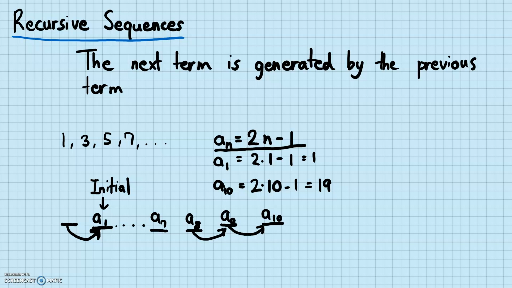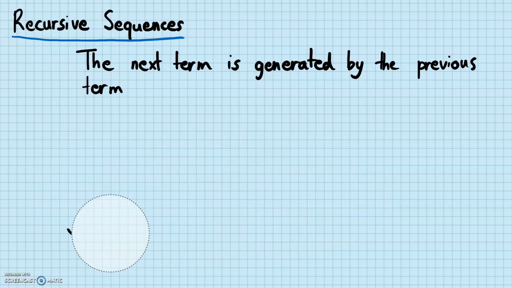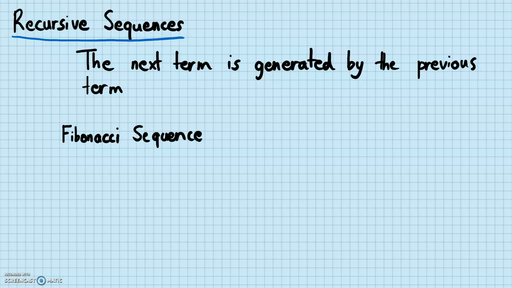So let me give you an example of a recursive function. This is actually a very famous sequence. It's called the Fibonacci sequence. I'm sure some of you have heard of the Fibonacci sequence before. And the Fibonacci sequence is a recursive sequence. Because it's a Fibonacci sequence, instead of using a sub n, I'll use f sub n here.